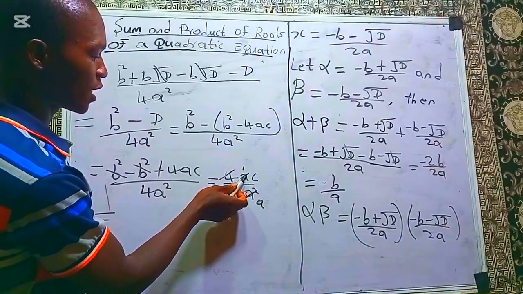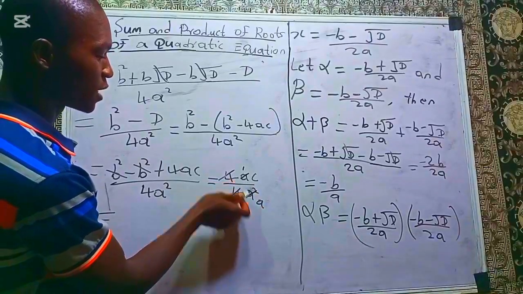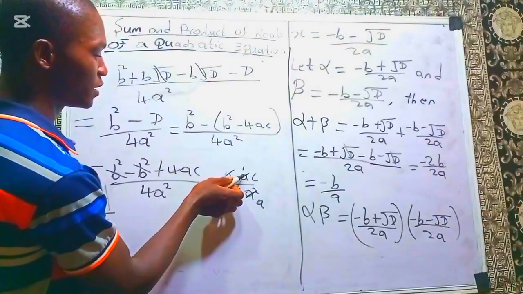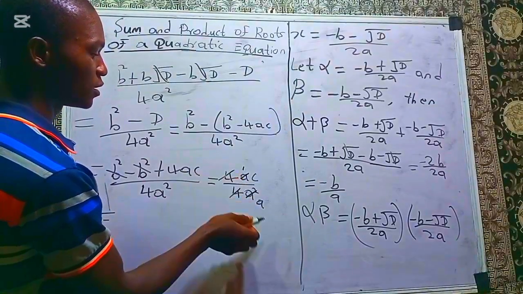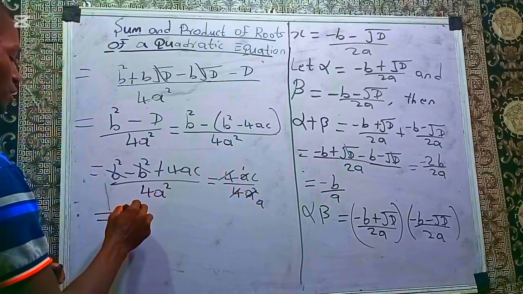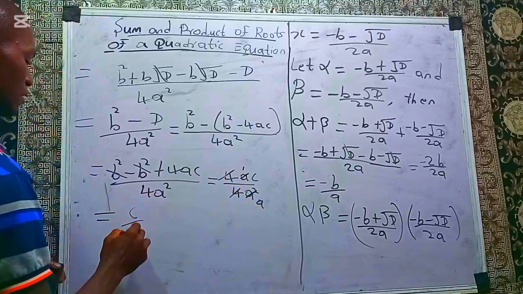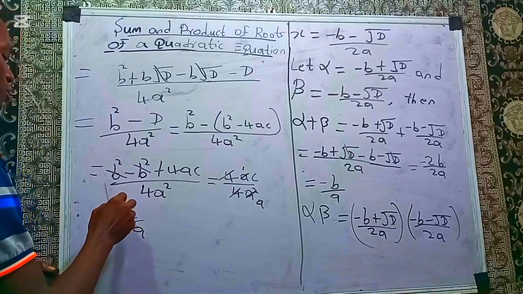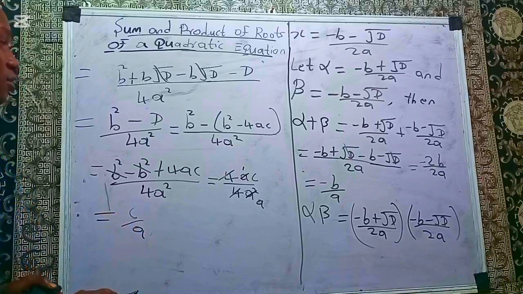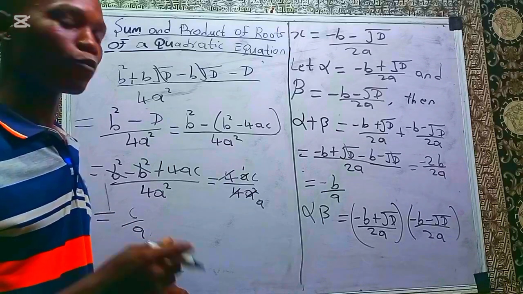Then here I have a and here I have a squared. I can divide both of them by a. A divided by a, you get 1. A squared divided by a, you get a. So what you now have up is c, and what you now have down is a. So this will give you the product of the roots of a given quadratic equation.